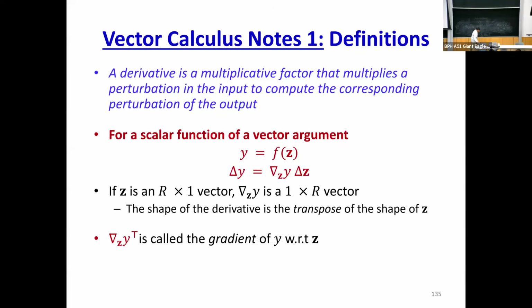I can literally write this as delta y1 through delta yn is going to be a function of delta z1 through delta zn, and this is going to be a matrix, and each of these rows is the derivative of each y component, and so on. It's just a stacking. Did that make sense? Because y is a stacking of components. So the derivative of y with respect to z is a stacking of derivatives. This matrix has a name. Anybody know the name? This is your Jacobian.